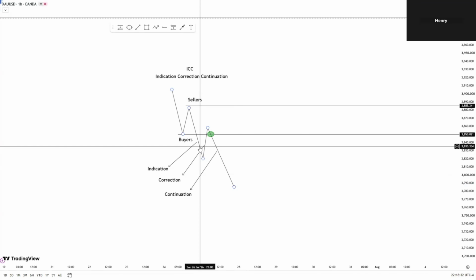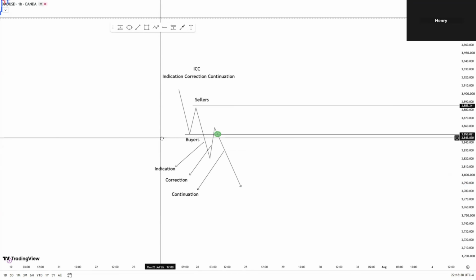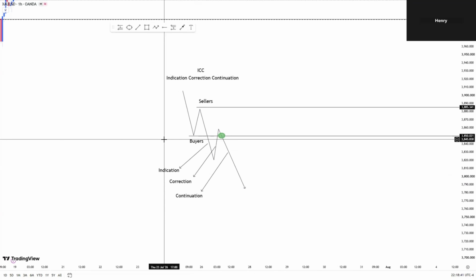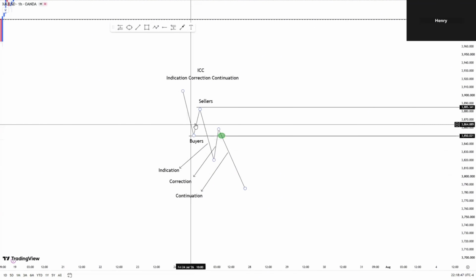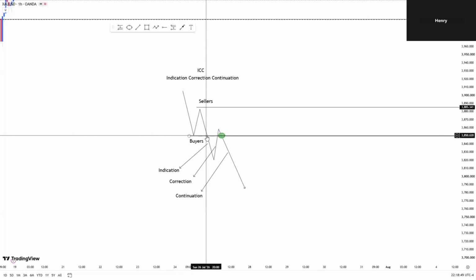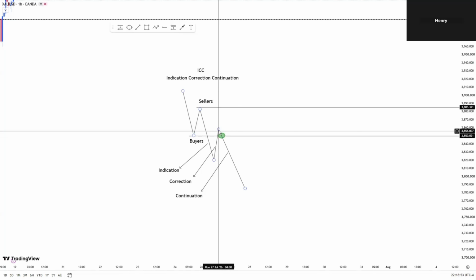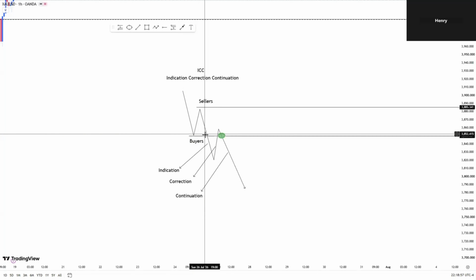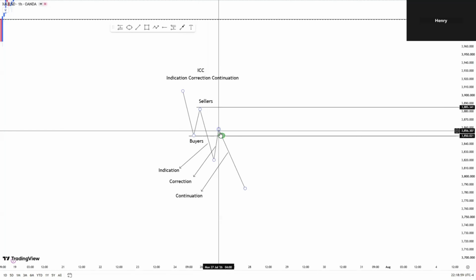Please, if you want to take notes, make sure to take notes right now, because I'm about to clear out everything. Okay, please take notes so we can go to the charts. ICC stands for indication, correction, continuation. First movement, indication: break underneath a level of buyers or sellers. Correction: price going to create another lower high or lower low, or price going to liquidate those who traded the indication.